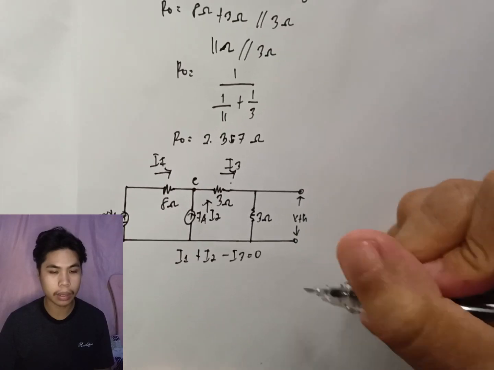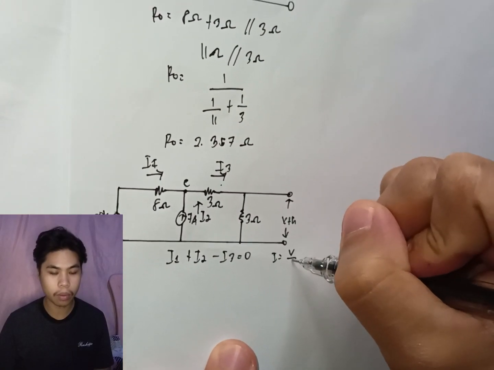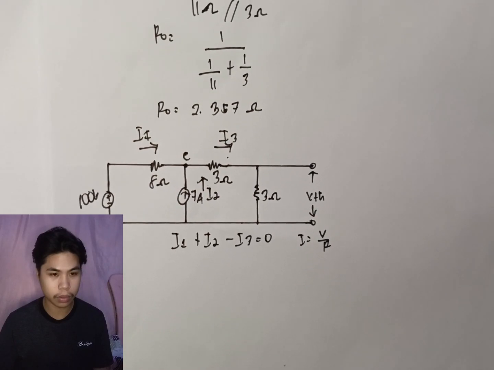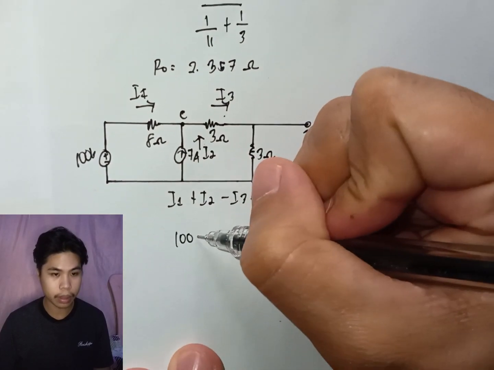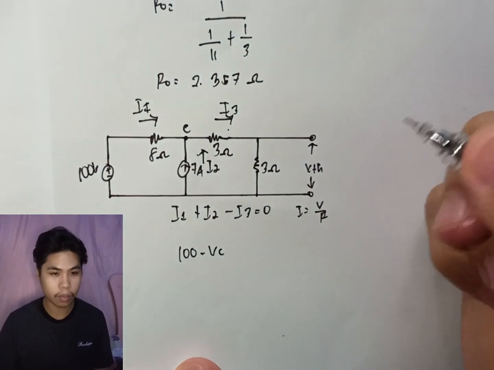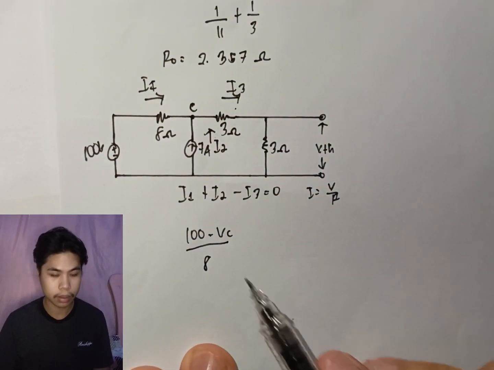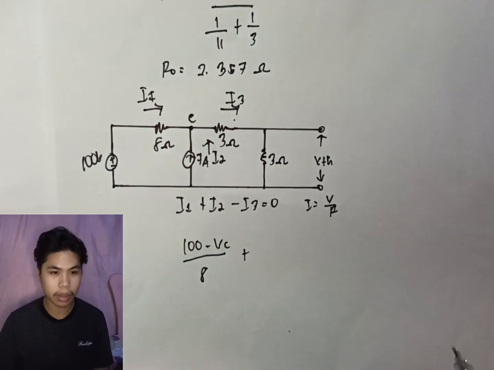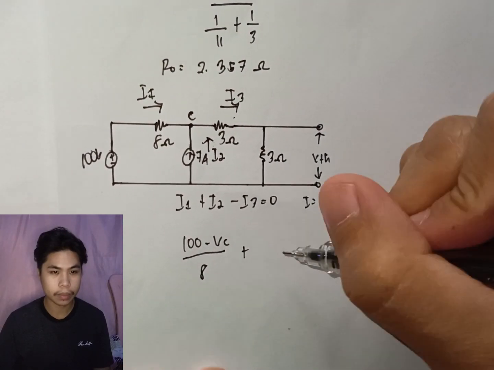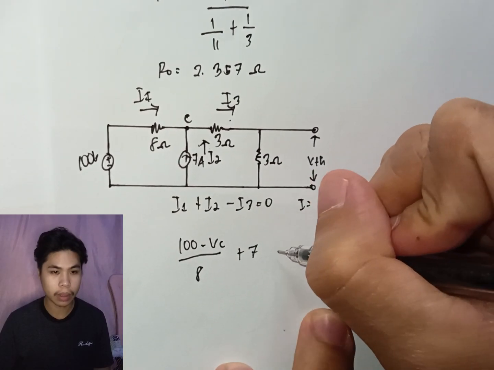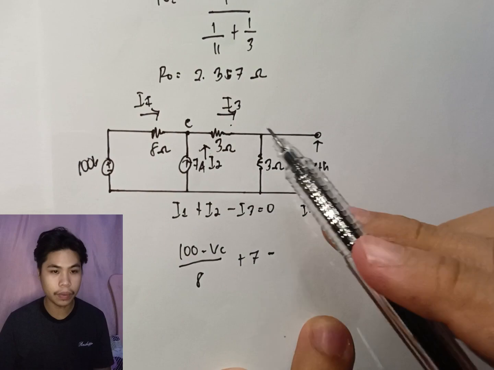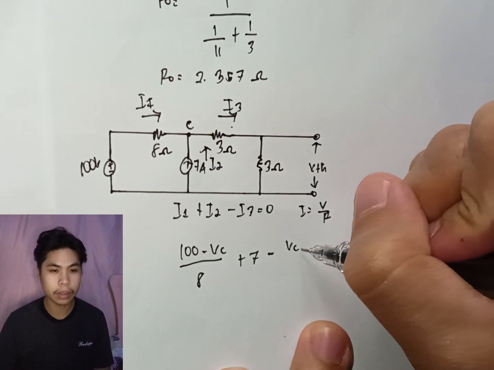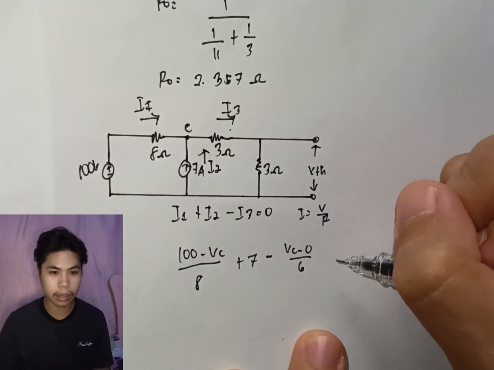And yung formula natin, I is equal to V all over by R. So using KCL, (100 minus VC) all over by 8 plus yung I2 natin, yung I2 natin is 7, minus (VC minus 0) all over by 6, and it is equal to 0.